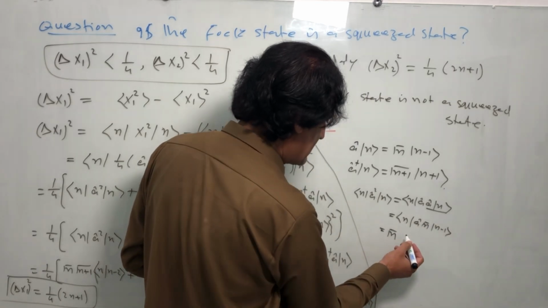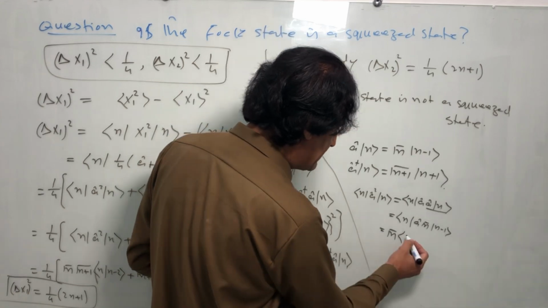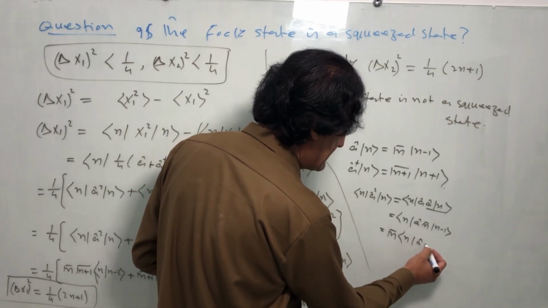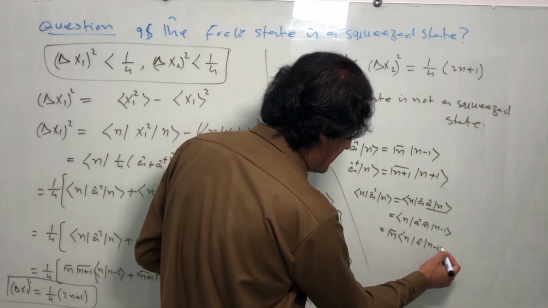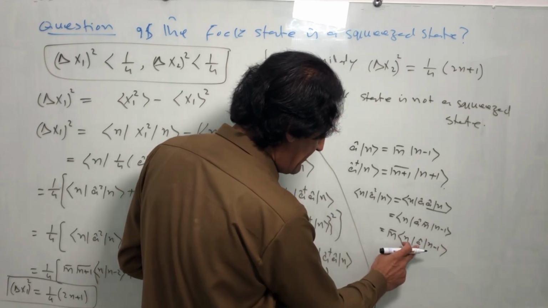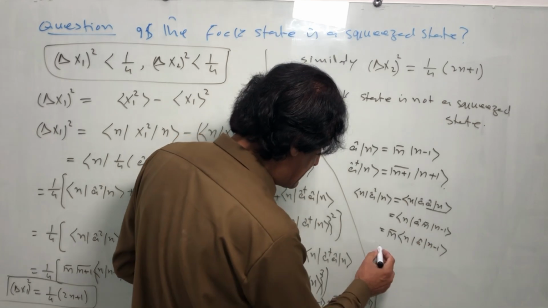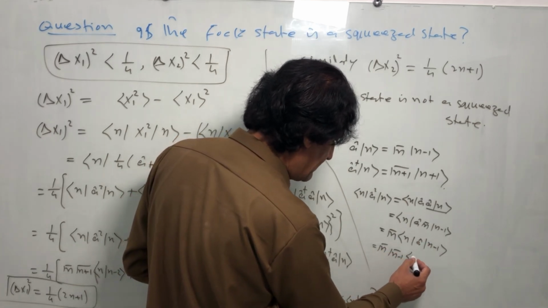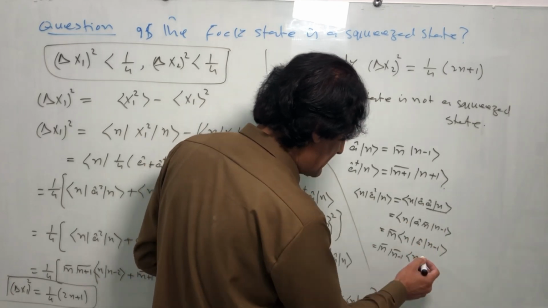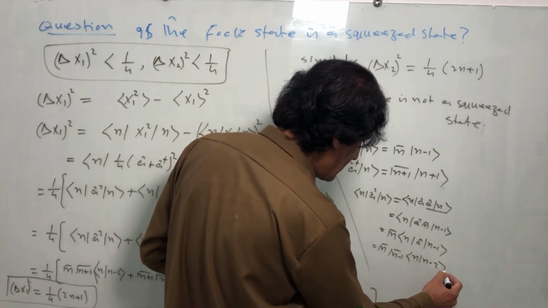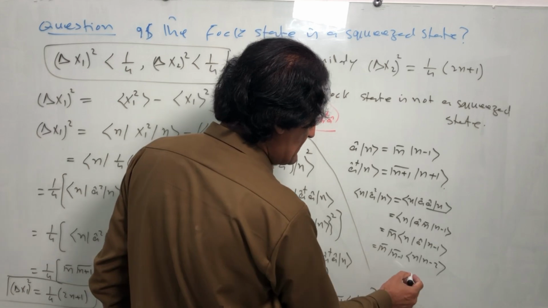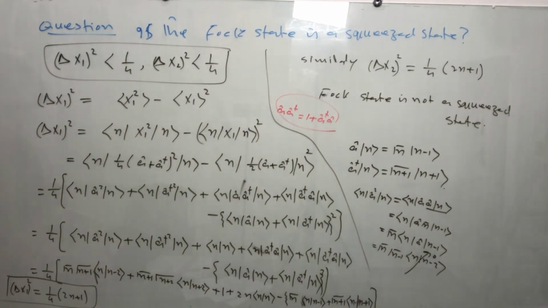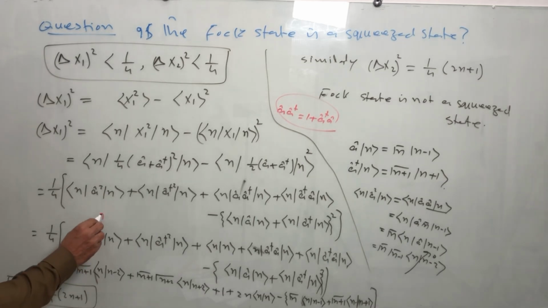The square root of n can be taken outside, and one annihilation operator remains on n minus 1. Now further, if we apply this annihilation operator, we get the eigenvalue square root of n minus 1, and one state is reduced, so n minus 2. Now n and n minus 2 are orthogonal states, so it goes to 0, and this term goes to 0.